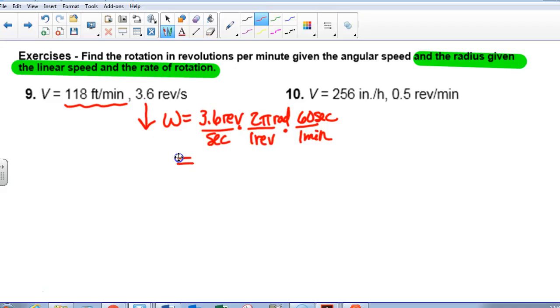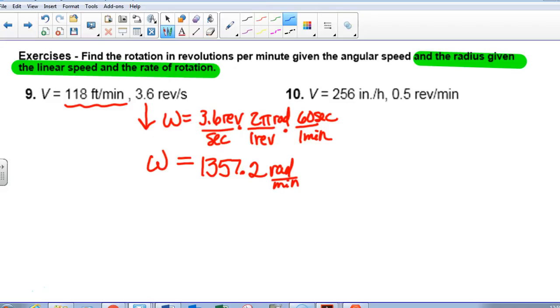All right, I'm just going to go with a decimal, save ourselves some heartache, but it's a big number. Anybody else get 1357.2 radians per minute?